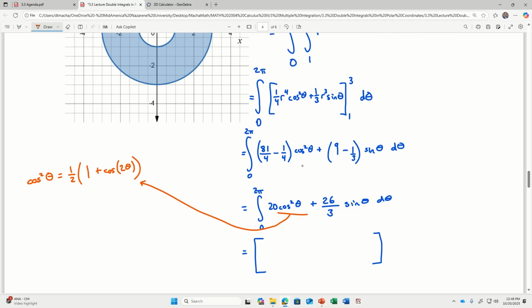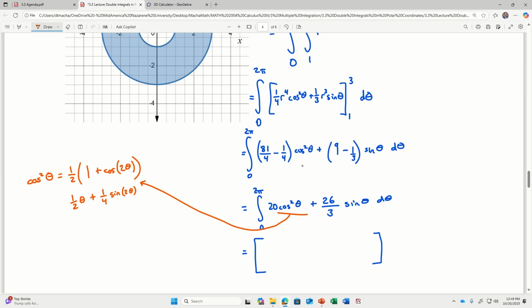Okay, so take the antiderivative of this because it's easier. The antiderivative of 1/2 is 1/2 theta. And then the antiderivative of cosine is sine.